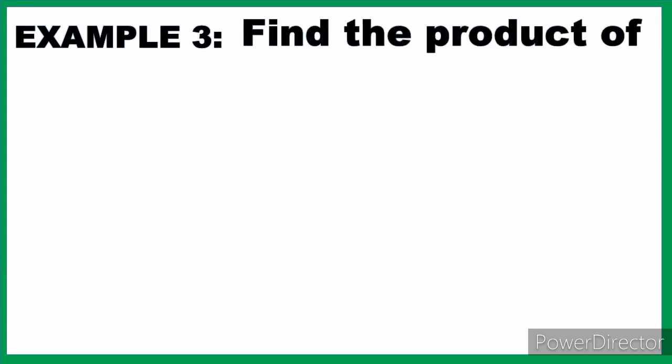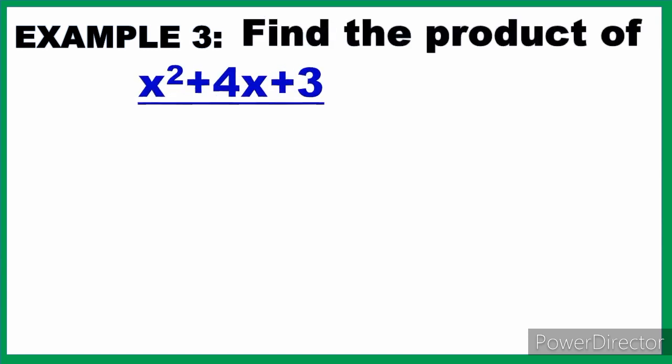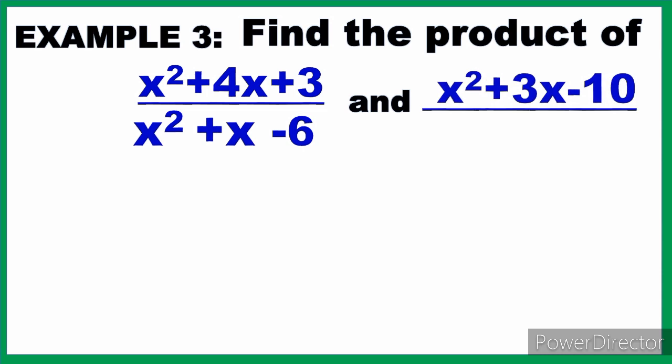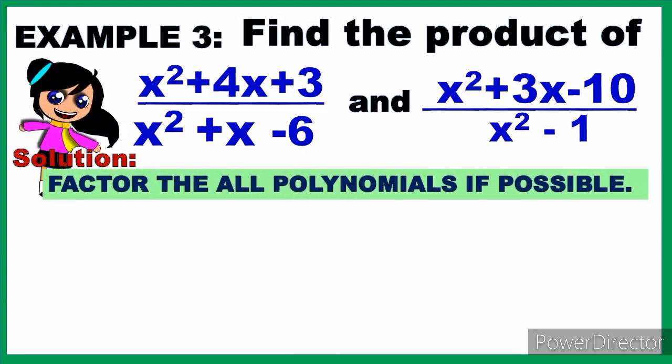Example number 3. Find the product of x squared plus 4x plus 3 all over x squared plus x minus 6 and x squared plus 3x minus 10 all over x squared minus 1. And this is the solution. We're going to factor all polynomials if possible.